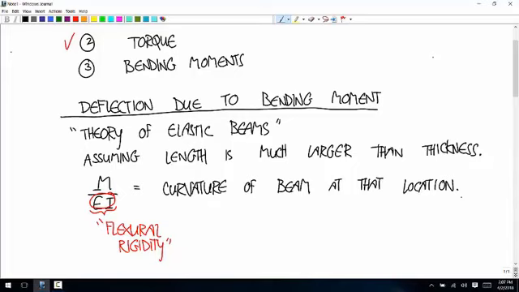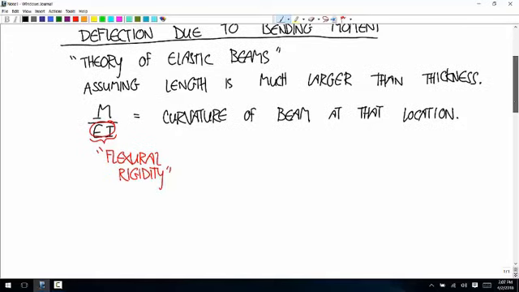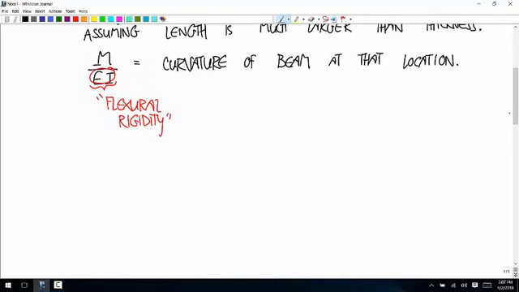You guys remember talking about curvature in Calc something? Calc 3? Yes, that's right. And so the curvature, we use the Greek letter kappa to represent that.